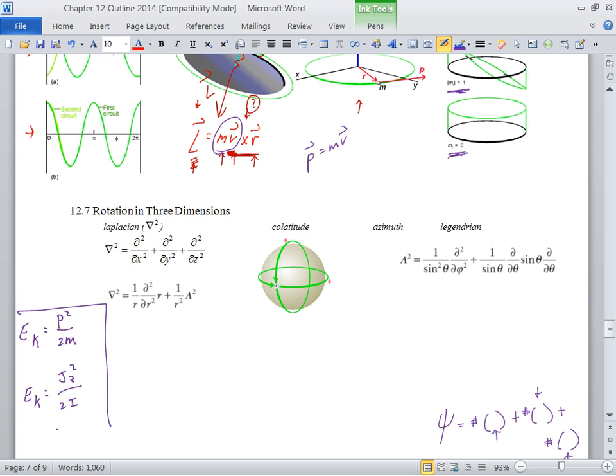And there's an equation for it. I is what? mr squared. And that's what's called the moment of inertia. So this is kind of the route we're heading now. We're trying to move from XYZ stuff, translation, to spherical.